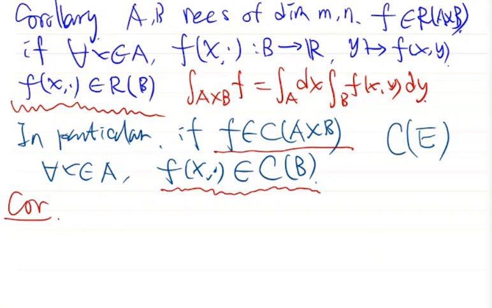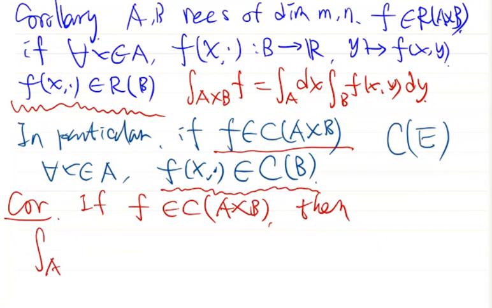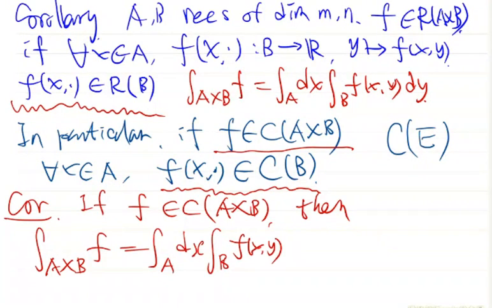That is, if f is continuous over A cross B, then, okay, we don't need to assume the integrability of the function f(x, ·) mentioned in the previous corollary.